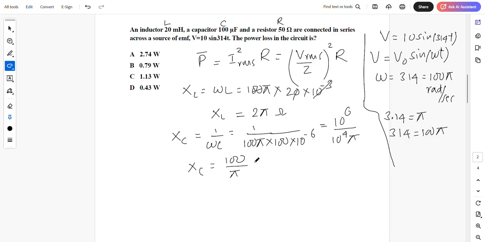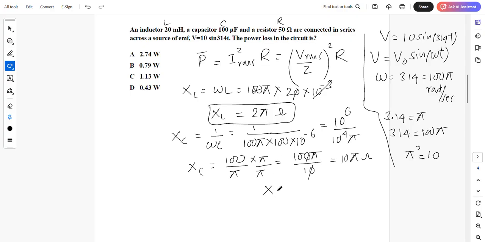Again, I can simplify this: 100 by pi, multiplied by pi divided by pi, we know that pi into pi is pi square, pi square is equal to 10. So 100 pi divided by 10 is 10 pi ohm. XL is equal to how much? 2 pi ohm you got. XC is equal to how much?